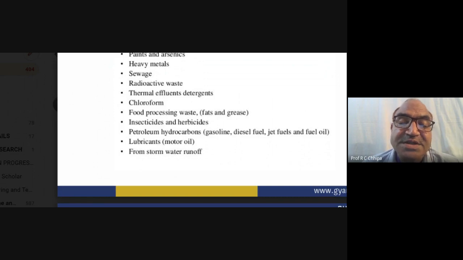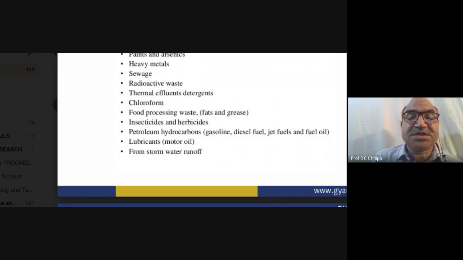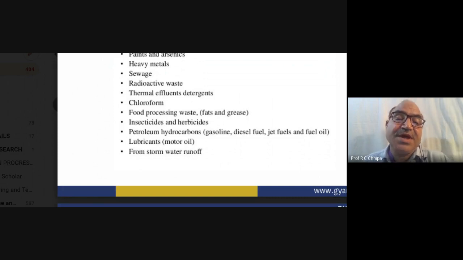Then next one is the lubricants. Lubricants help to run the machine, and those materials are lubricants. In different cases, motor oils and lubricants are used. These lubricants are also an example of water pollutants. And one more is storm water runoff.